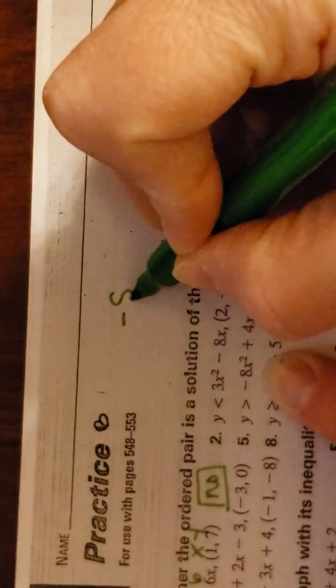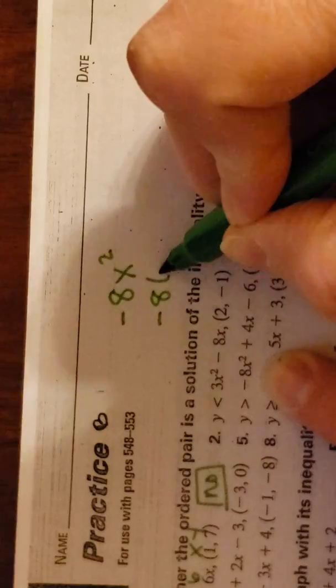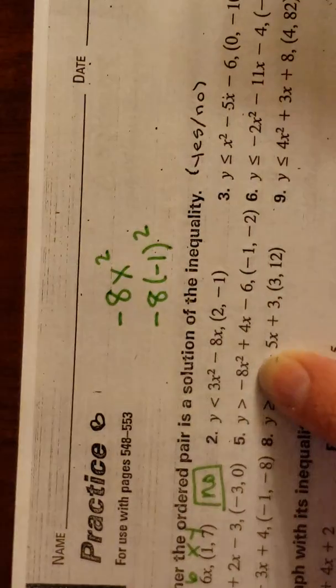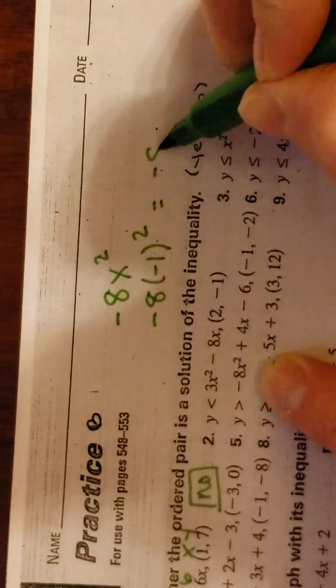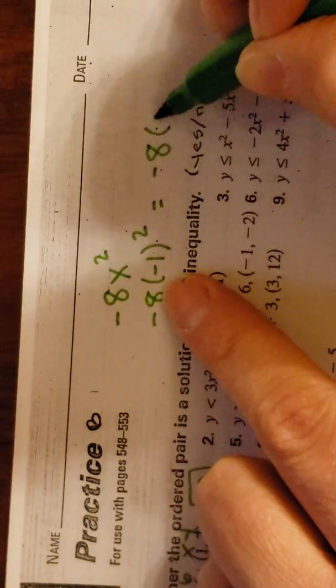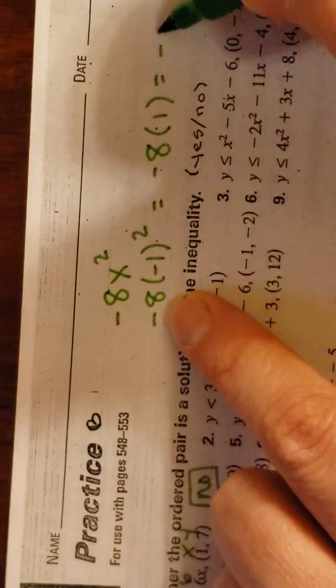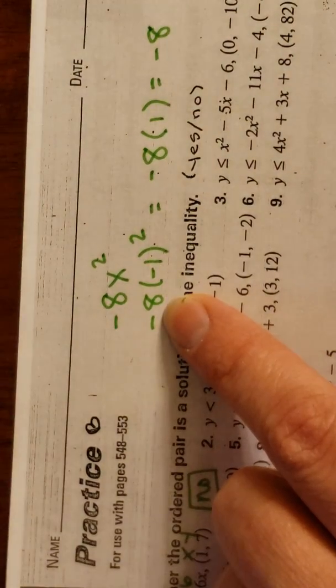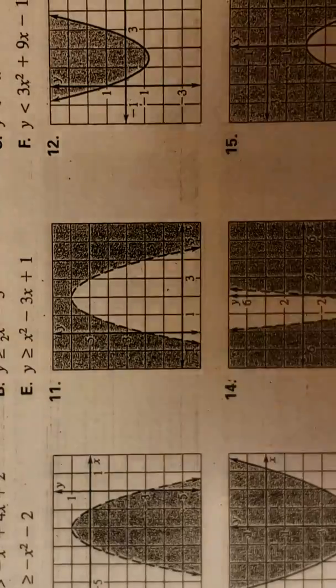If I have negative 8x squared, and I need to put in negative 1, what this means is square negative 1 first, which is 1, then multiply by the coefficient, by 8, okay? All right, that's an aside, sorry, that's not quite this lesson.